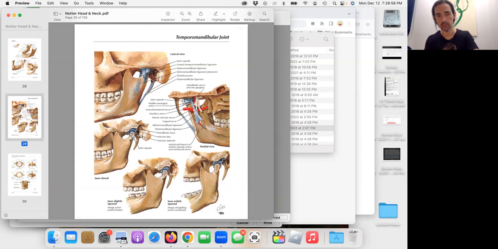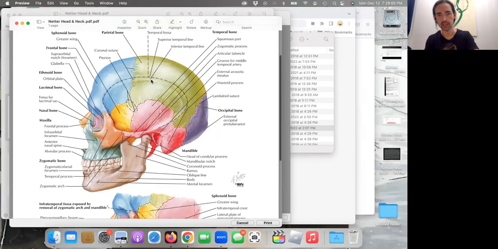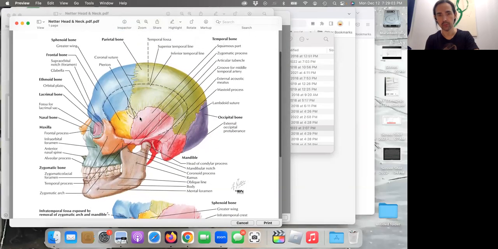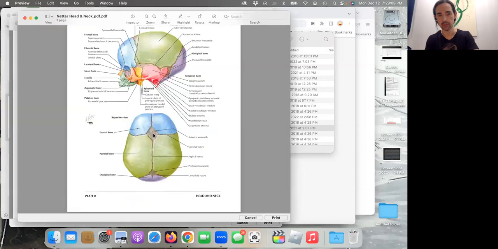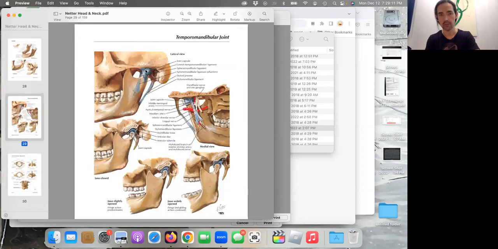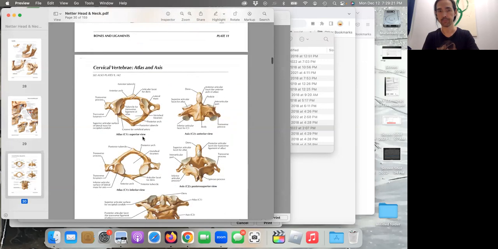Recall that all that's called the temporal bone, and the joint with the mandible is right here. Here's the mandible, here's the temporal bone. Temporomandibular joint. It has a capsule, ligaments, a nerve supply, has everything. It has a meniscus or two, just like any other joint.